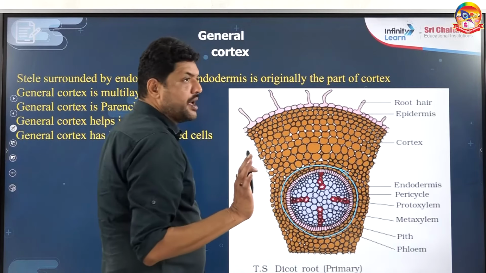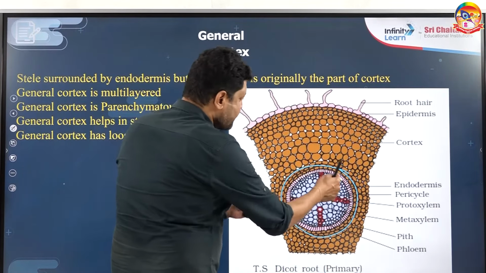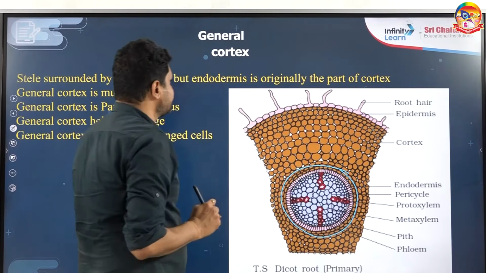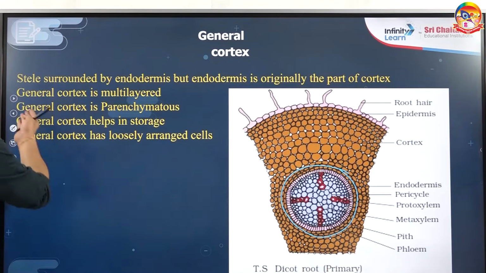Clear? General cortex is multi-layered, parenchymatous, helps in storage, and has loosely arranged parenchymatous cells, which help in storing food materials.